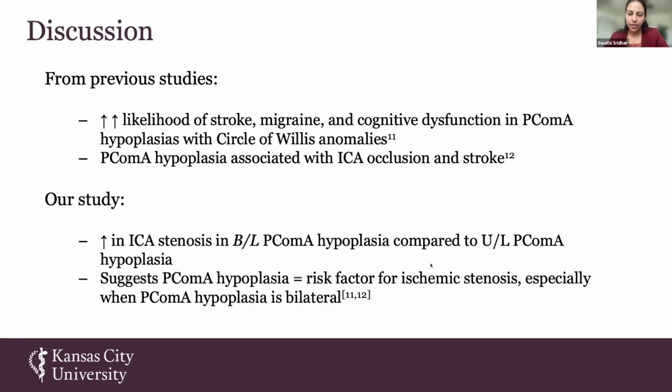In our study, we found that there is an increase in ICA stenosis, especially in the case of bilateral PCOM hypoplasia compared to the unilateral subjects, as described in the graph previously. And all of this suggests PCOM hypoplasia as a risk factor in ischemic stenosis, especially in the case of bilateral PCOM hypoplasia.